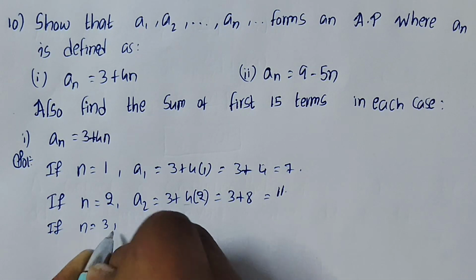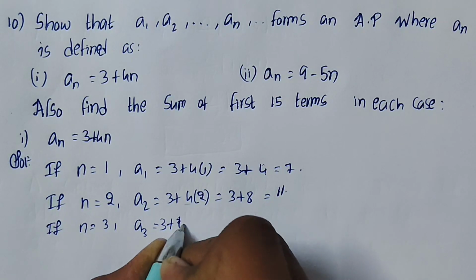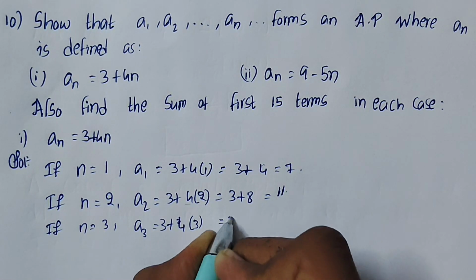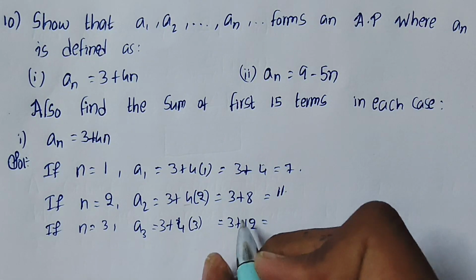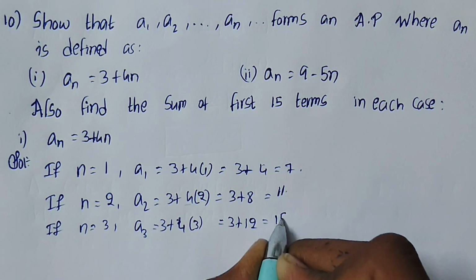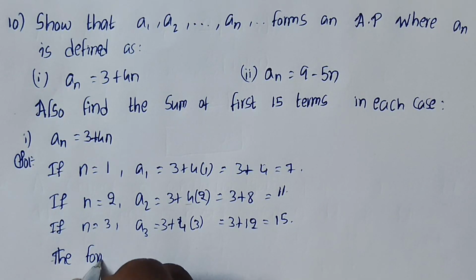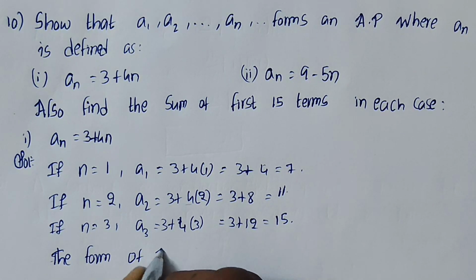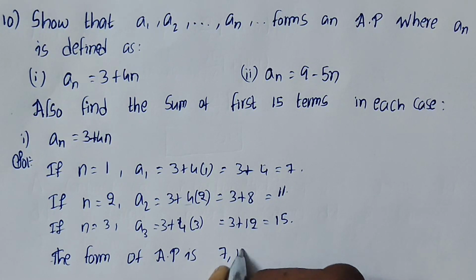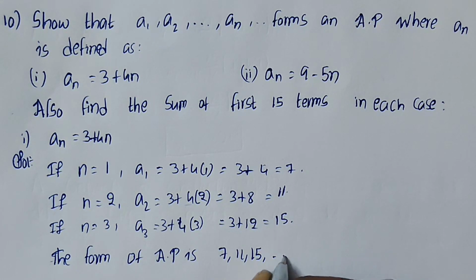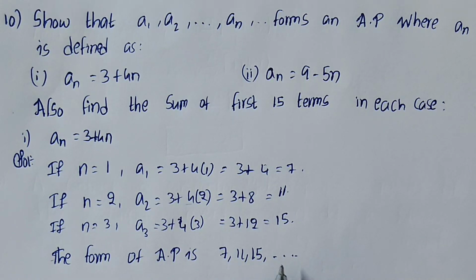If n = 3, a3 = 3 + 4 into 3 = 3 + 12 = 15. So the AP is 7, 11, 15 and so on. This is the form of the AP.